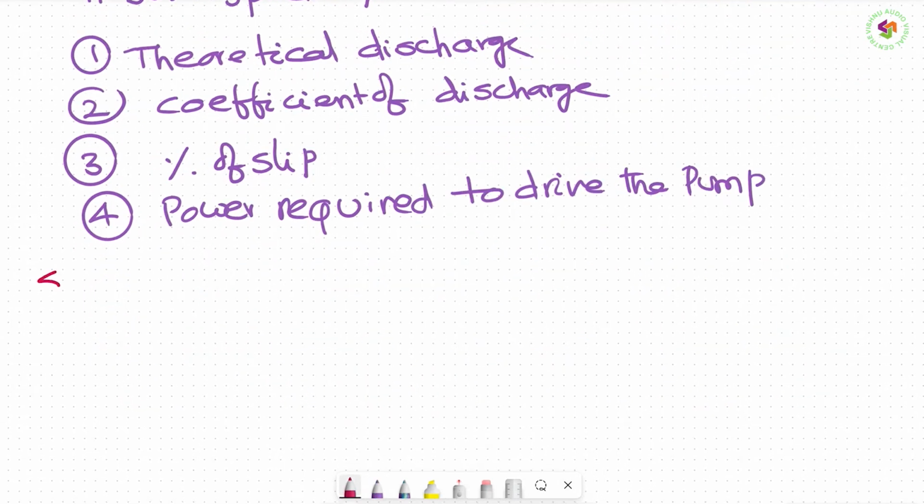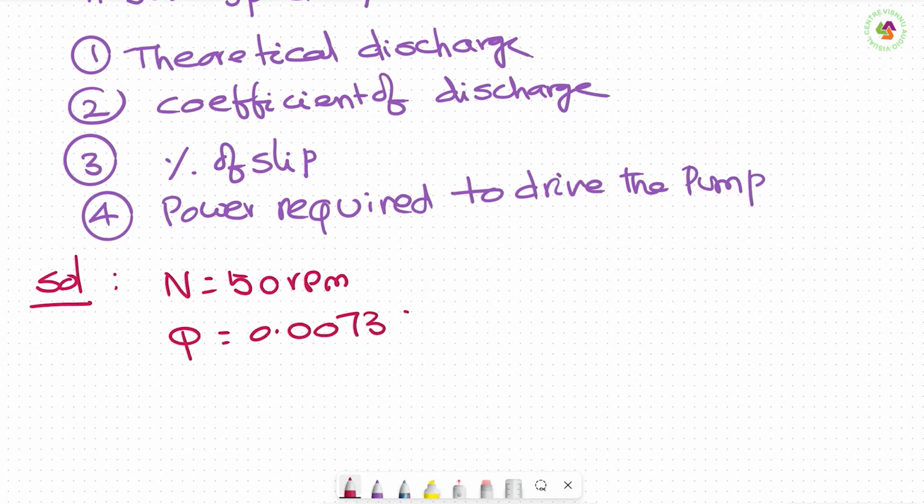Coming directly to the solution, what is given is N equal to 50 rpm. This is the first thing. Q is equal to 0.00736 meter cube per second. Naturally the next question is which Q it is. Theoretical discharge is from the formula, so this is the actual discharge. Then the diameter of the piston, that is the diameter of the cylinder, is 200 mm.